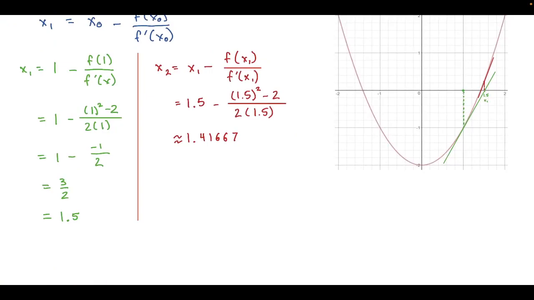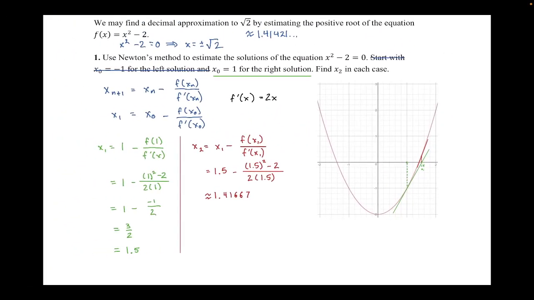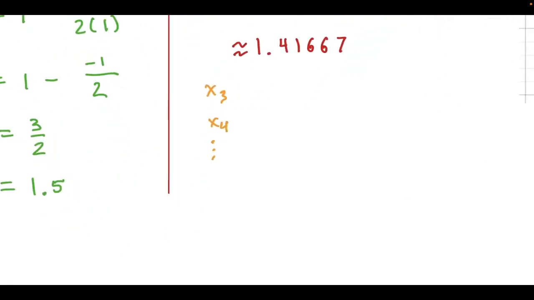And if you look at this, we have very little error at this point. We actually have the first 2 decimal places correct. Something interesting to think about: if we just kept going and found x3 and then x4, and supposedly could go on to infinity and find the infinitieth, is that a word?